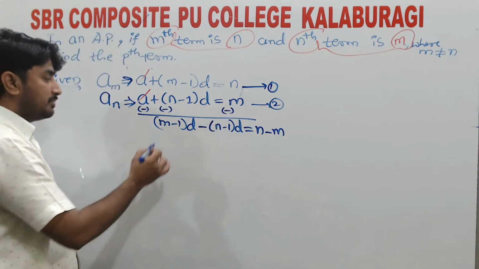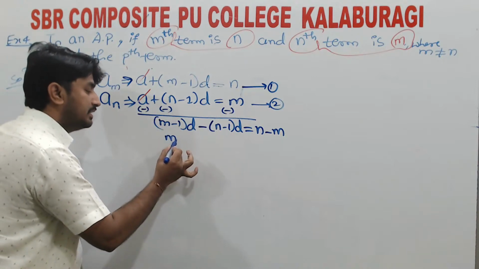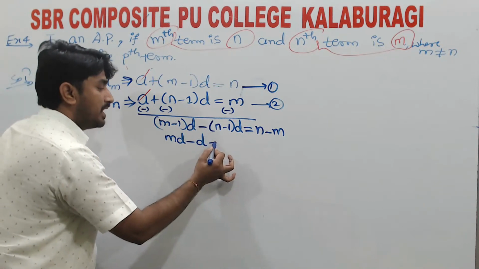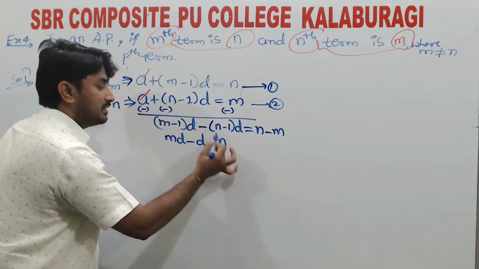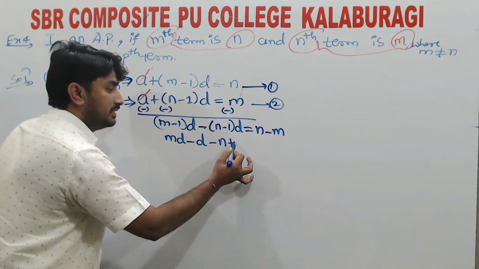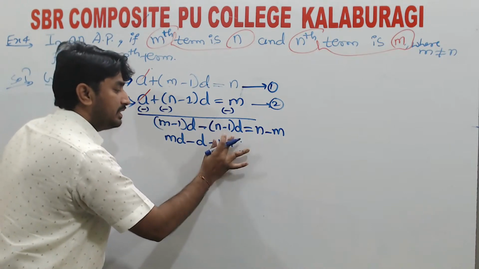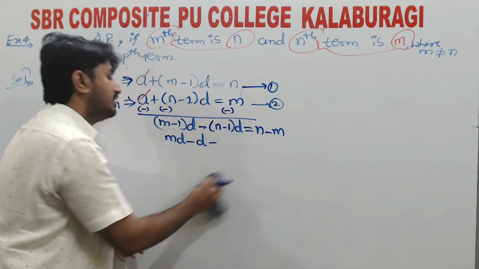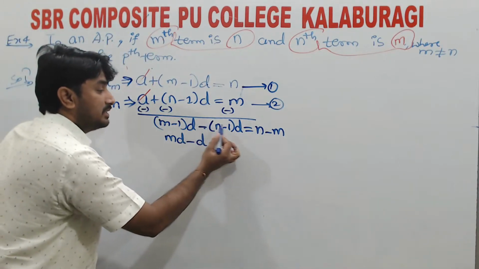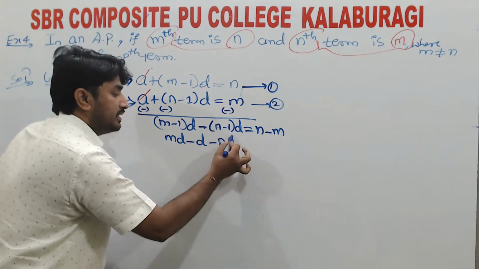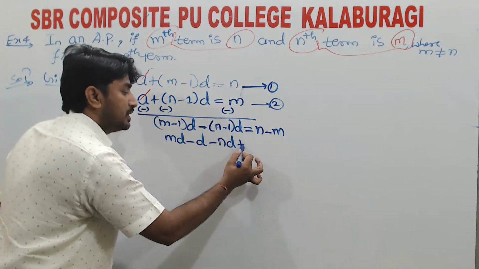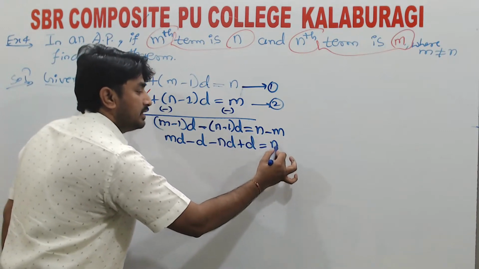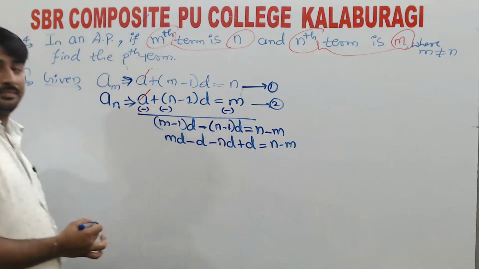Now multiply: m into d, minus 1 into d, minus d, minus n into d, minus into minus, plus 1 into d, is equal to n minus m.